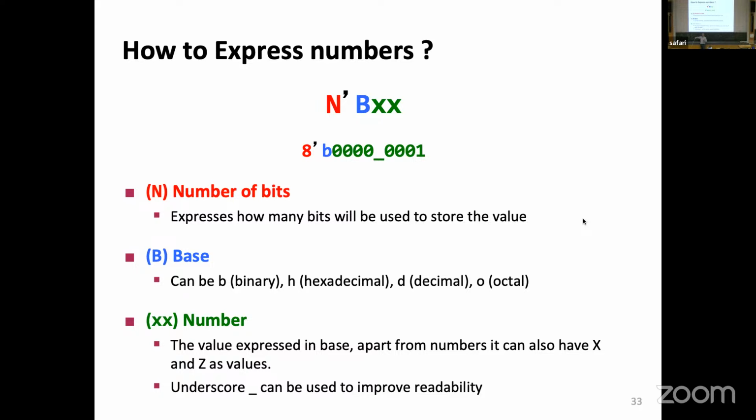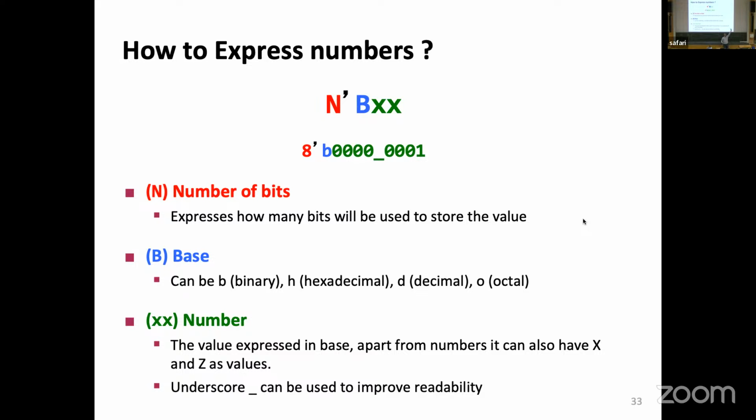If you want an 8-bit number or an 11-bit number, you write 11 here. Then comes the tick to separate the number of bits from the rest. And now you define the base. The base could be binary, decimal, hexadecimal, and if you're really into it, octal.